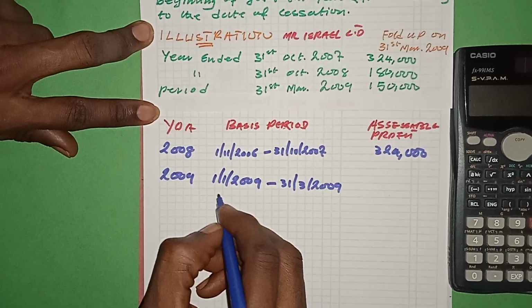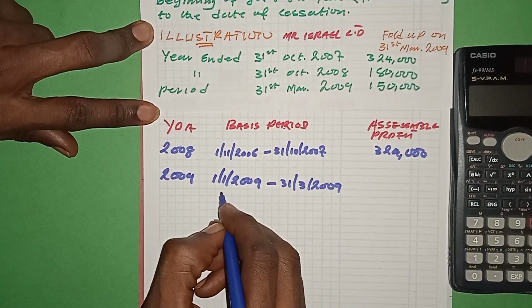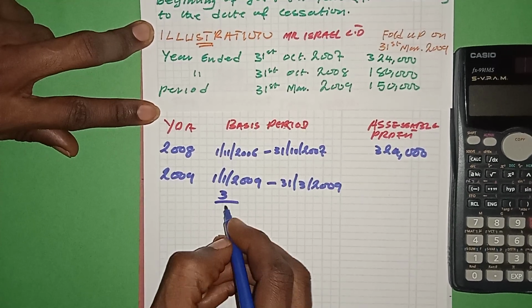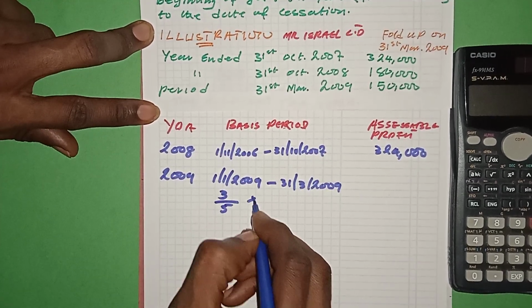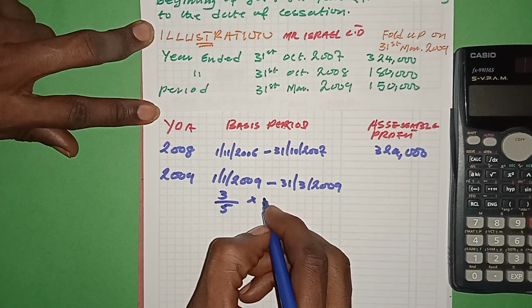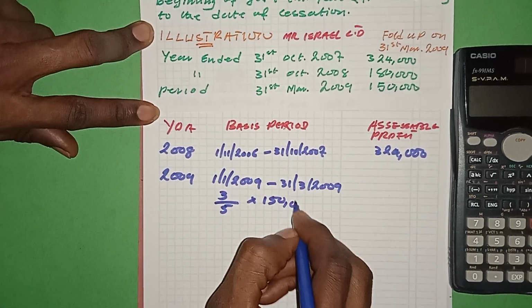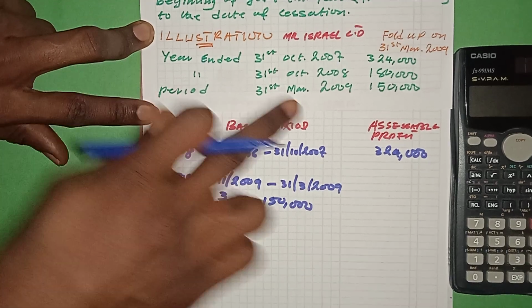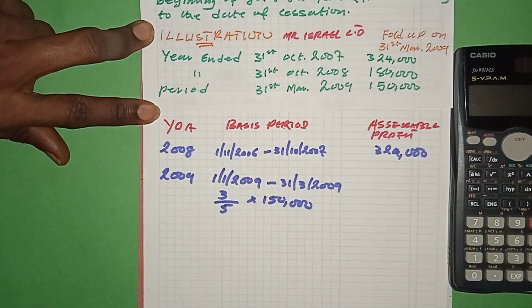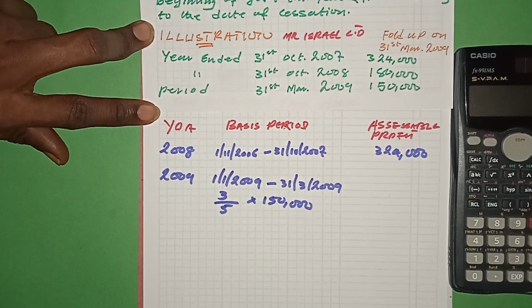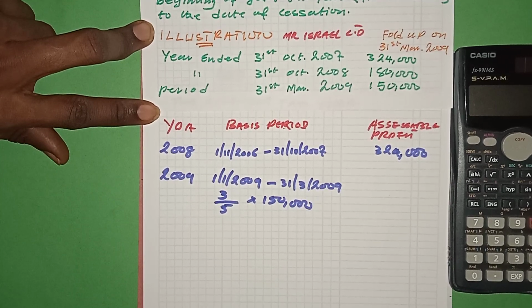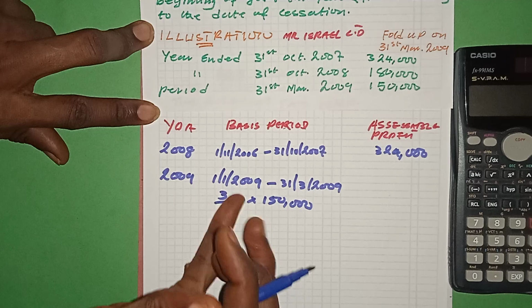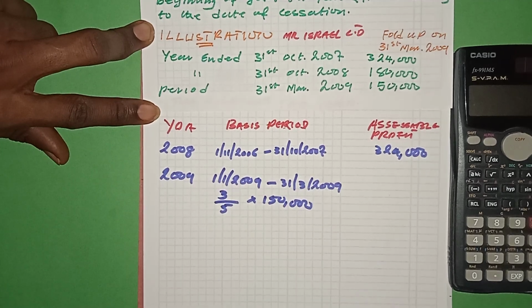They will come here and write 3 divided by 5 times 150. Is that clear? From October to March is 5 months. Count it. It's 5 months. And we are looking for how many months there? Just from January to March. We're looking for 3 months.